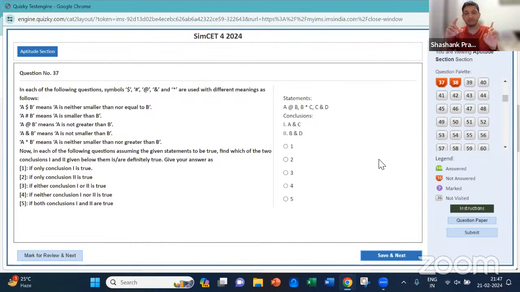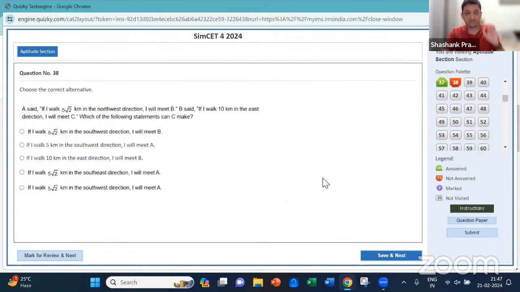C will be greater than or equal to A. Yeah, C will be greater than or equal to A. A and C will not be there. And B greater than or equal to D will hold. So only two will hold, I think, not sure.